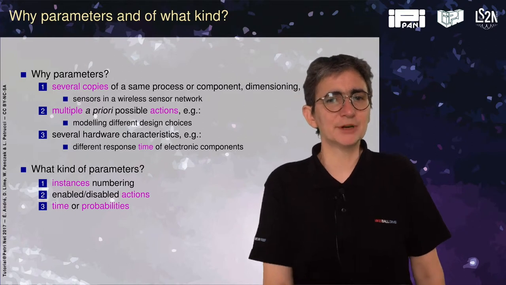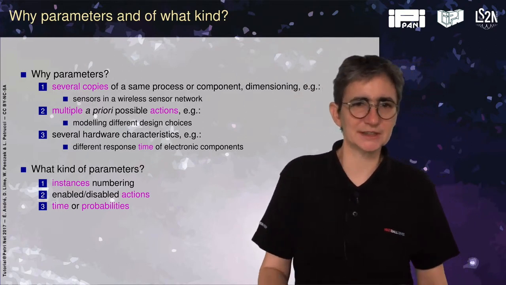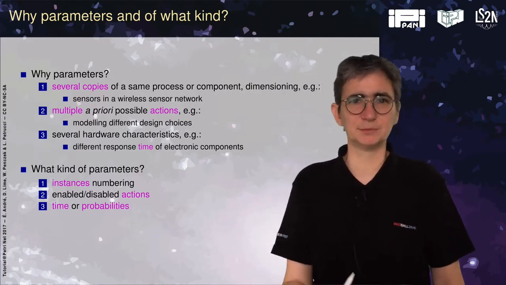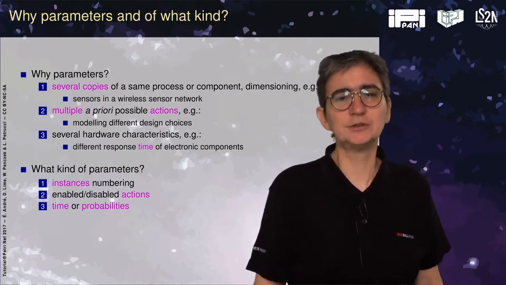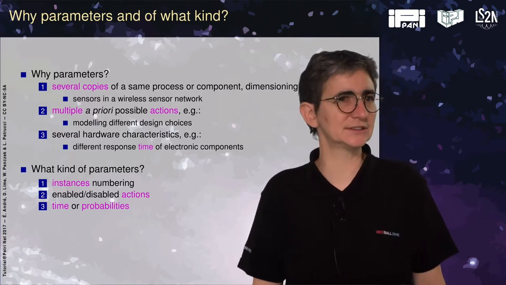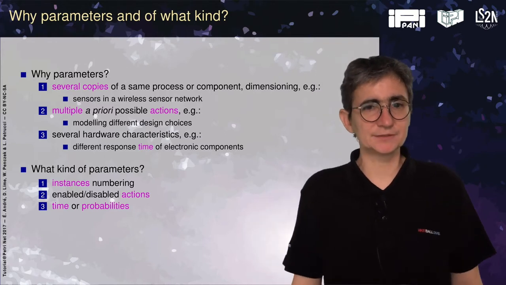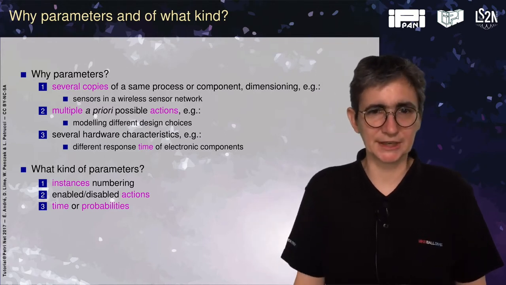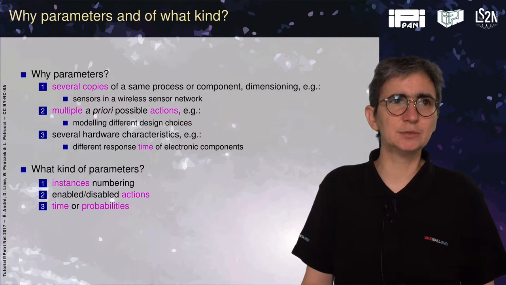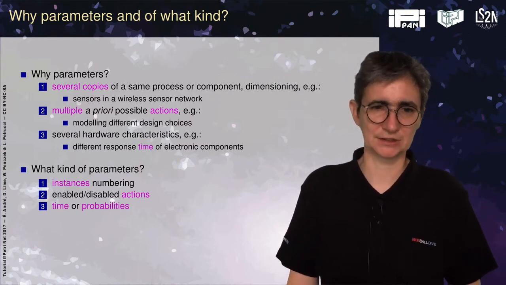Then what kind of parameters should we use for these purposes? It is obvious that if you have several copies of the same process and you want to count the number of processes or components, you need some instances numbering. If you have multiple a priori possible actions, you want to enable or disable these actions.